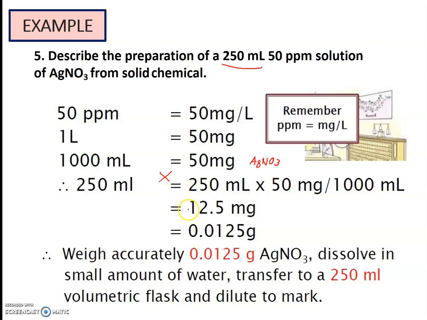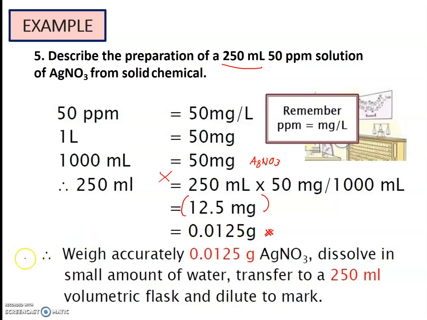So do the comparison. We will get 12.5 milligram silver nitrate. You change to gram, just times exponent -3. So we'll get 0.0125 gram silver nitrate. This is the calculation part.